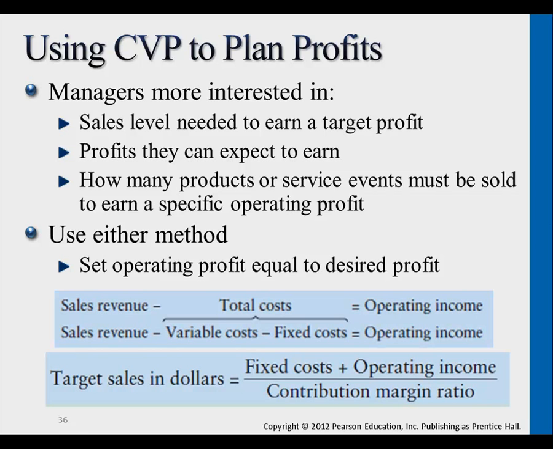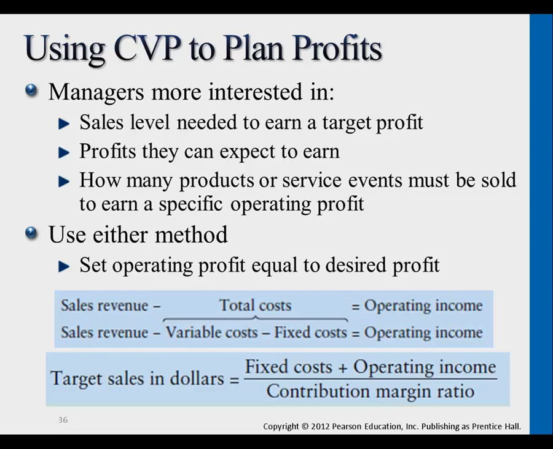Okay, so what are we going to do here? We'll set our operating profit equal to desired profit. Makes sense, right? Our operating income, we'll set it as our desired profit. And that's how we're going to deal with the same formulas right now. So not much is changing.